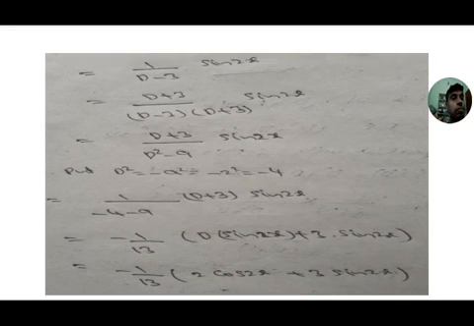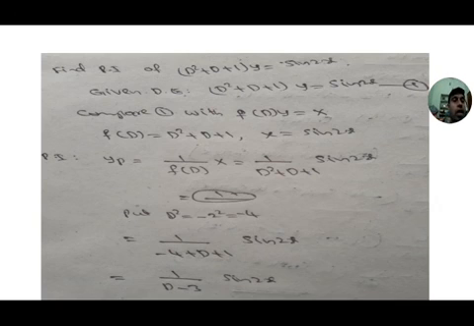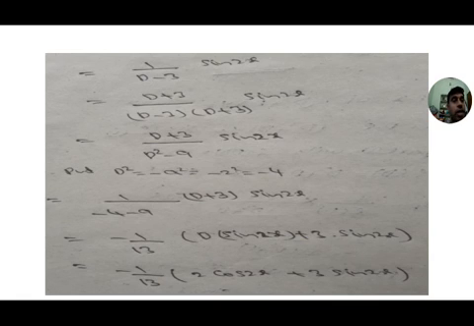Derivative of sin 2x is 2 cos 2x, plus 3 sin 2x, and therefore yp is minus 1 by 13 (2 cos 2x + 3 sin 2x). See the answer. Here after substituting we got D terms, so again convert the D term.